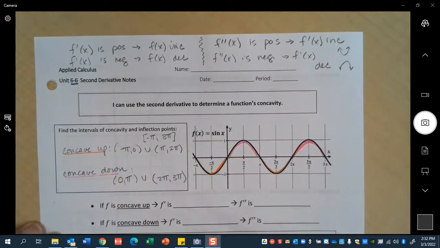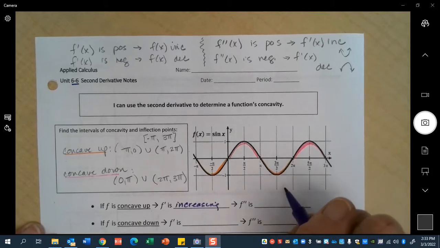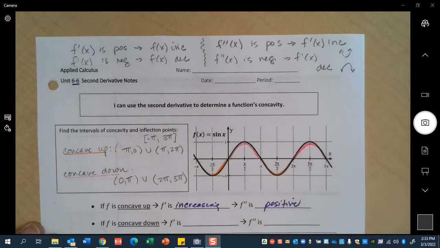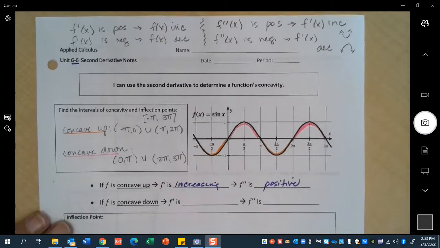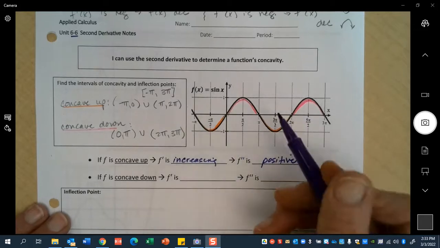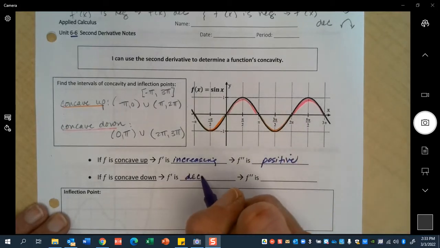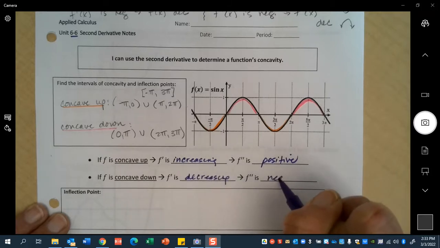If my derivative value is increasing, then my second derivative is going to be positive because it has a positive rate of change. During the sections where my graph is concave down, that is because my derivative is decreasing. It's getting smaller, so the rate of change is going to be negative.